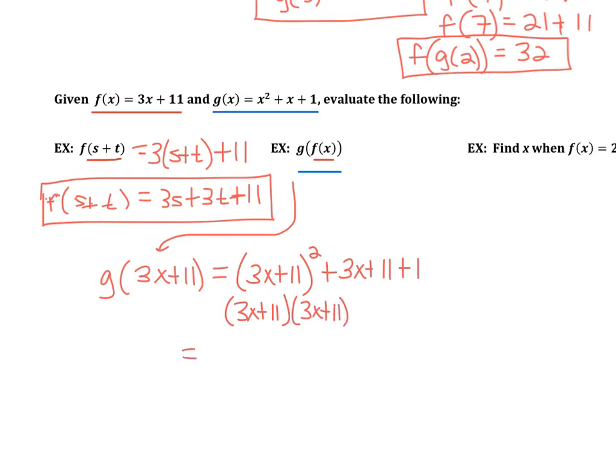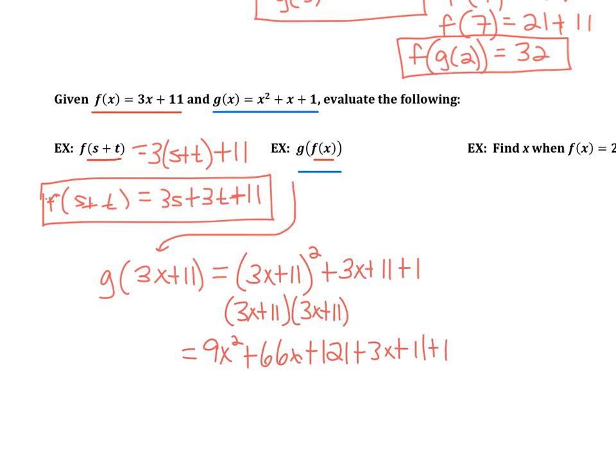All right, so when I FOIL that, I'm going to get 9x squared plus 66x plus 121. And then I've still got the 3x plus 11 plus 1 from up above.